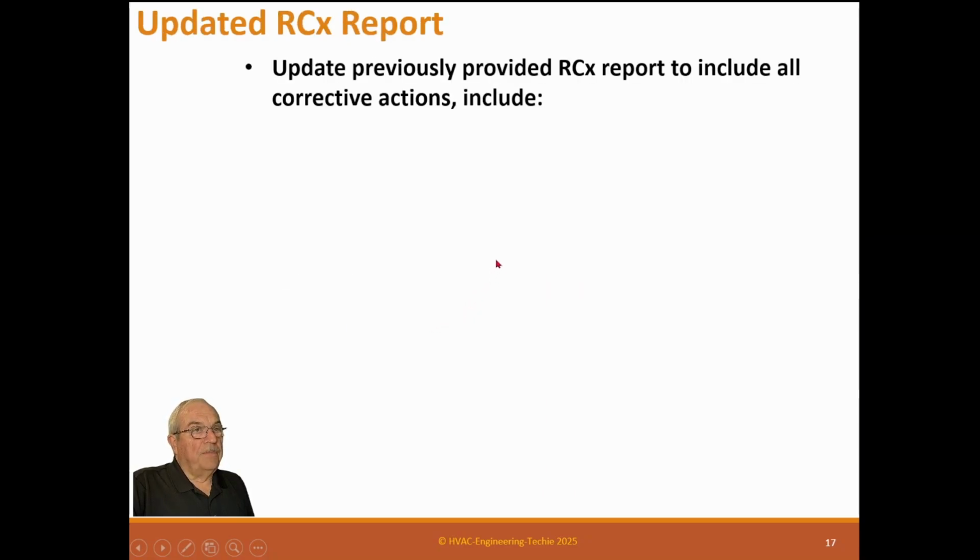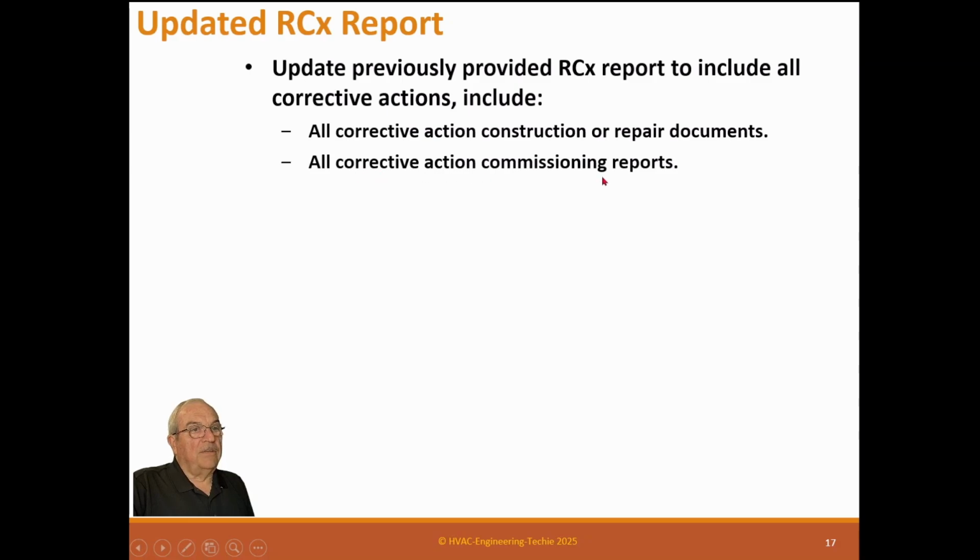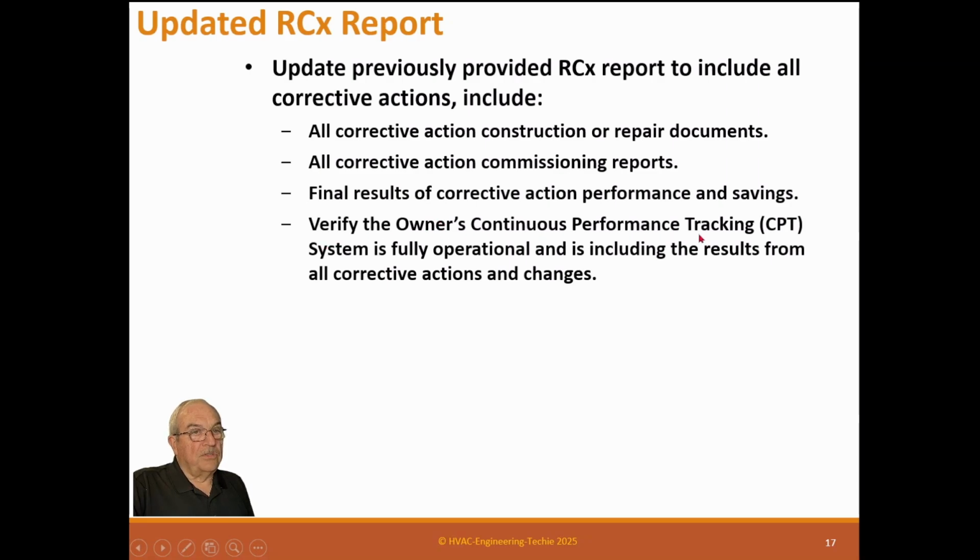The report update. The previously provided RCx report is updated to include all corrective actions, which include all corrective action construction or repair documents, all corrective action commissioning reports, all the final results of corrective action performance and savings, and verification that the owner's continuous performance CPT system is up and working.